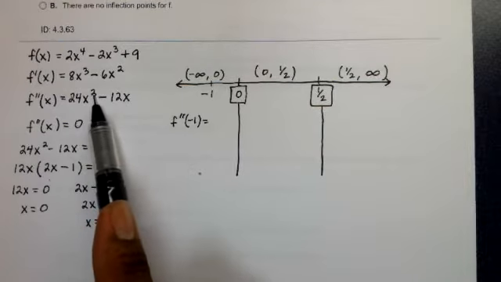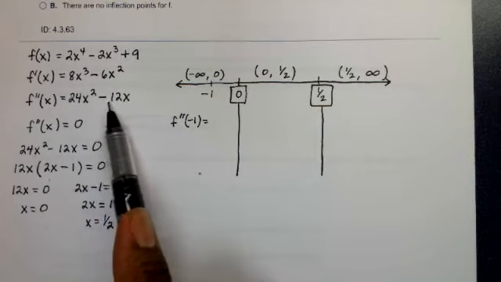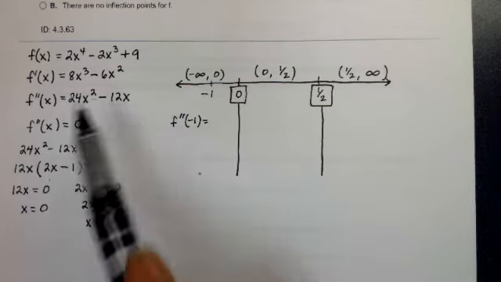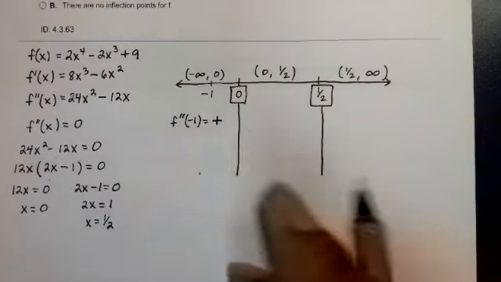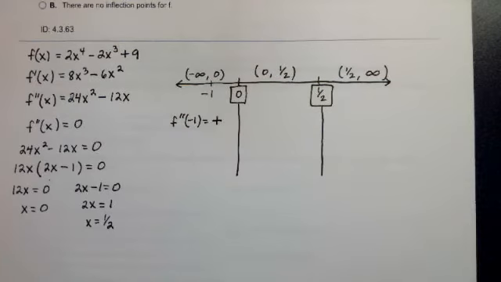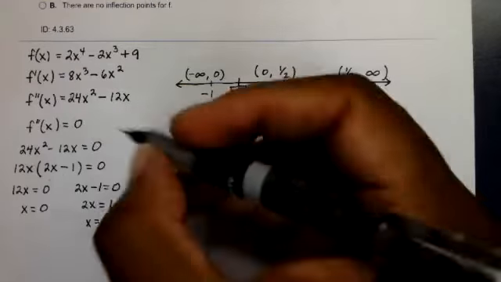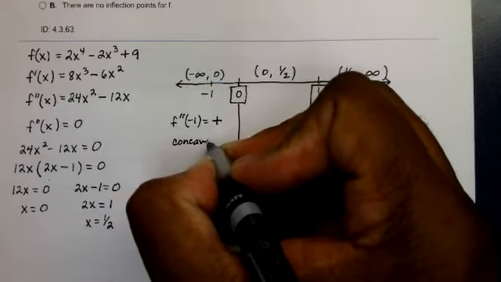If I square the negative 1, that's going to be 1 times 24, which is 24. Minus 12 times negative 1 will be a plus 12. 24 plus 12 will be 36. That's going to end up being positive. So if it's positive, that means on this interval from negative infinity to 0, the graph of the function will be concave up.